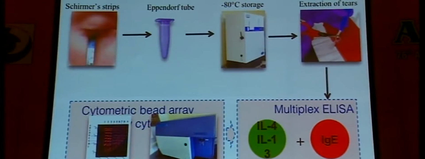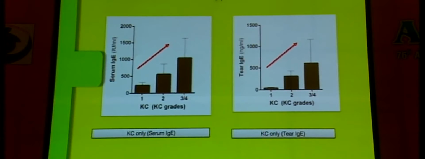So from a very cell biologist point of view, this was a paper by one of my fellows. He presented it yesterday: what really drives keratoconus? It's a very favorite paper of mine, even though they didn't win, doesn't matter. But it is important because this paper looked at, why do you rub your eyes? So when we looked at all these tests, what we did with some microarray analysis with the tears and all that, we found that in patients who did not have any eye disease, this is a grade of keratoconus, we can test IgE in the tears.